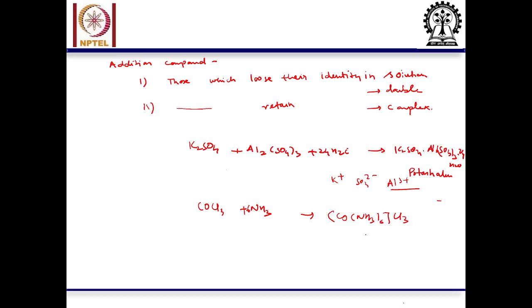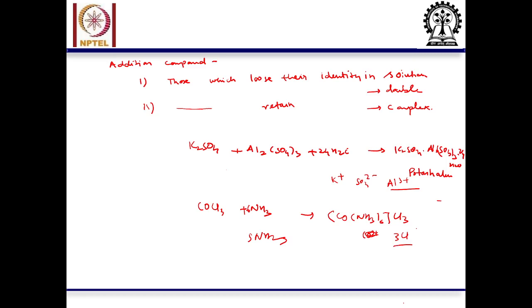Once he dissolved it in solution, he got cobalt 3 plus and 3 Cl minus. But once he went to 5 NH3, he did not get all the Cl in the solution when he used silver chloride.